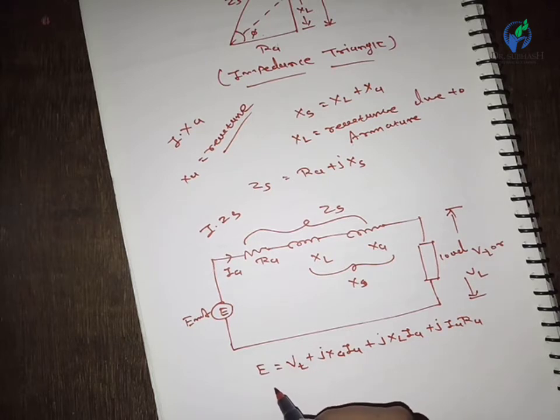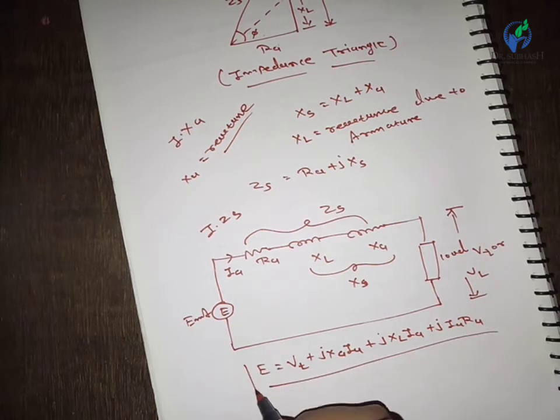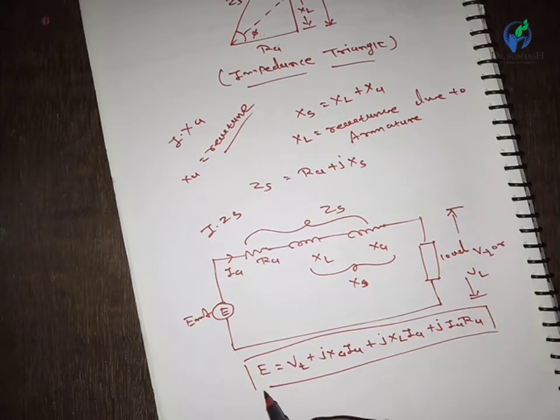This is the equation of the equivalent circuit. All the voltage drops are added to the terminal voltage to get the EMF.